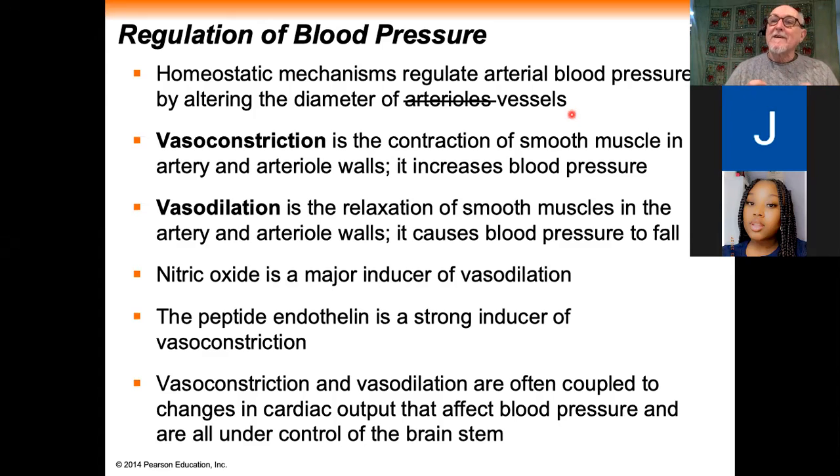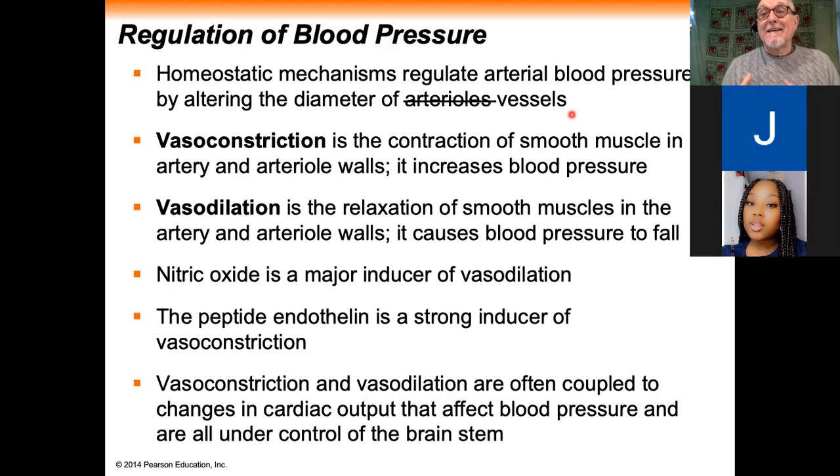It is going to force a greater volume of blood to have to make its way through a reduced volume of arteries. In other words, the blood pressure is going to rise. If I start contracting vessels, I'm going to cause blood pressure to rise. If I relax vessels, the blood pressure is going to fall.